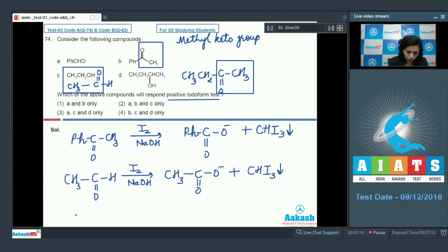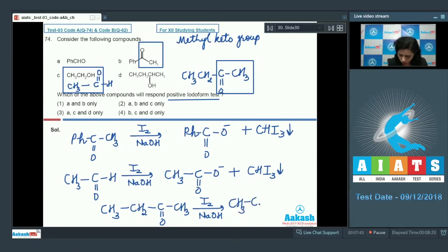Further, the next one is another product formed after oxidation that contains keto methyl group, and it will form this one.